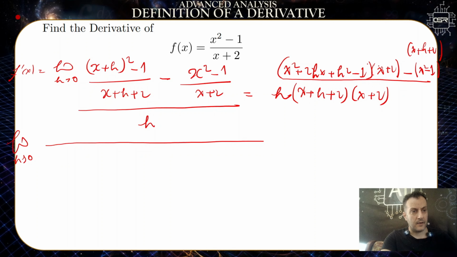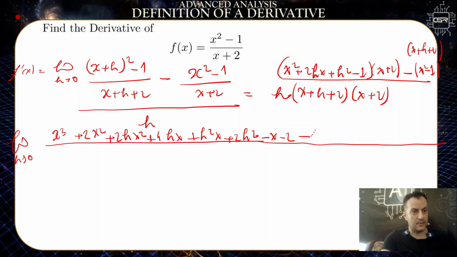so x squared times x, it is x3 plus 2x squared plus 2hx squared plus 4hx plus h squared x plus 2h squared minus x minus 2.